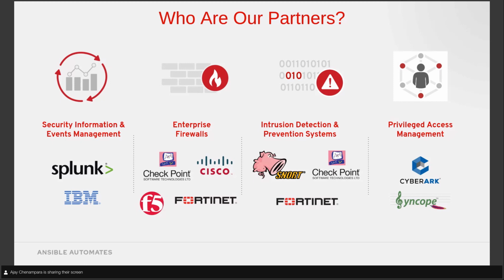We have enterprise firewalls, which are used for ensuring policies are implemented at the edge or inside DMZs. We have intrusion detection and prevention systems that alert security teams if intrusion has been detected, or potentially actively mitigate that incident.